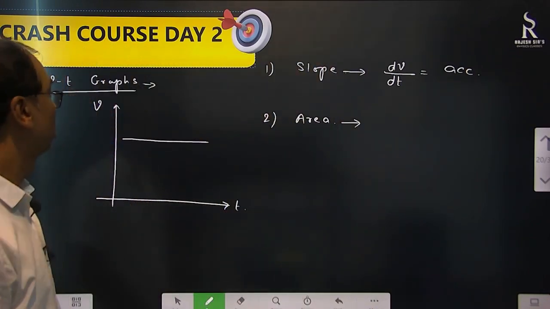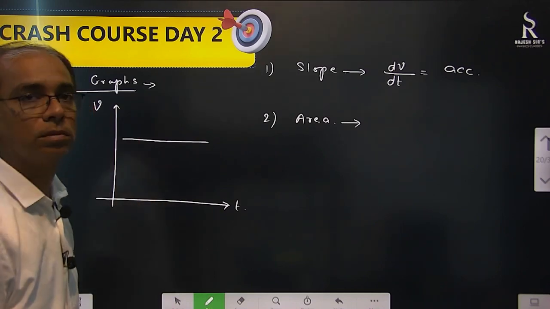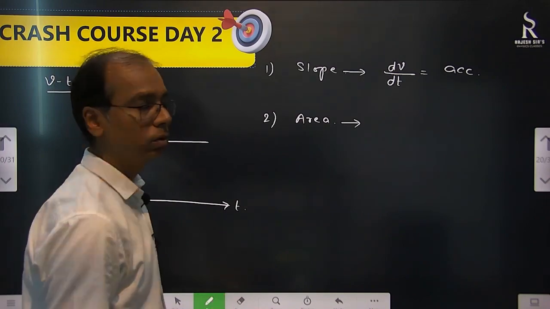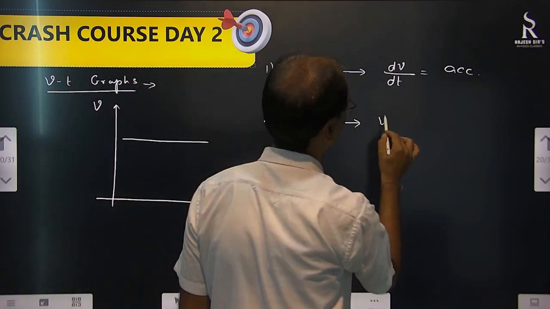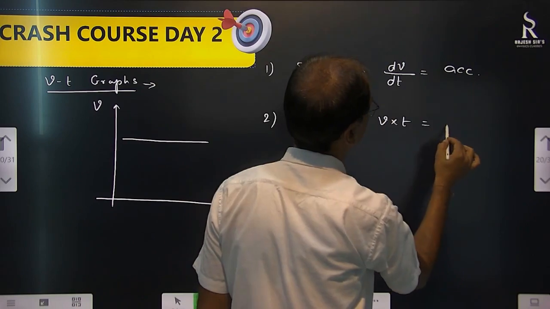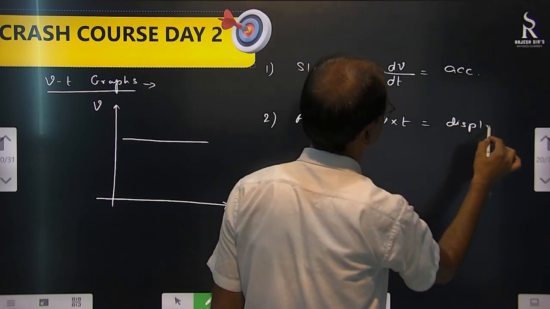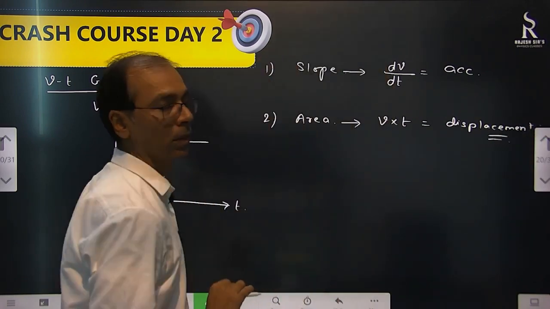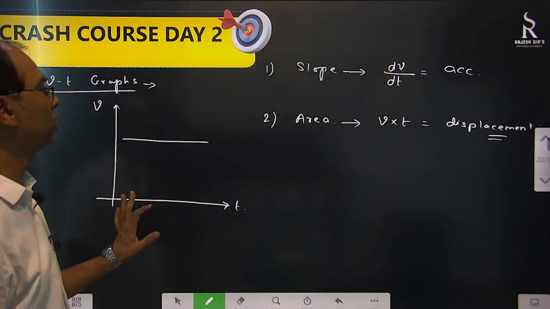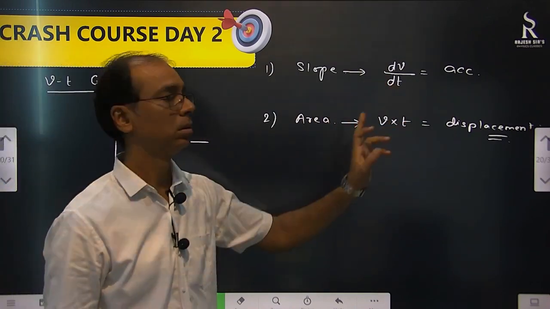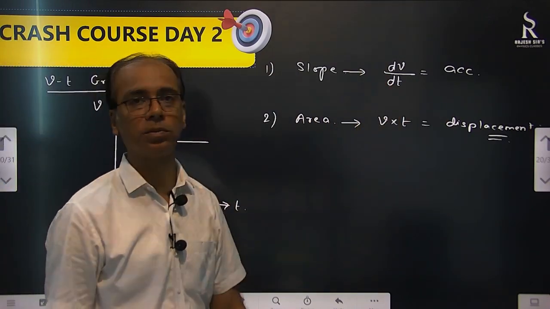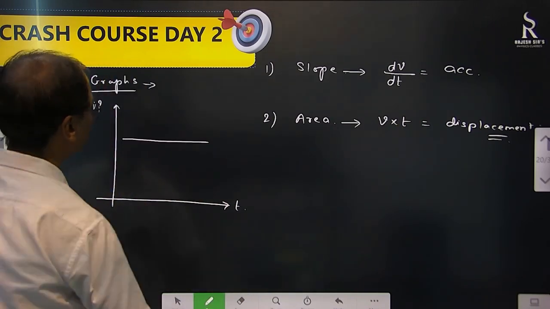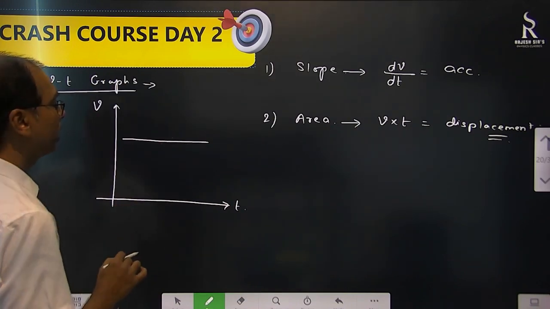Now area. Area means multiplication. V into t will give you what? Displacement. So area of the vt graph is multiplication, slope means division. Slope gives acceleration and area gives us displacement. Remember that. This is a straight line, so slope means what?